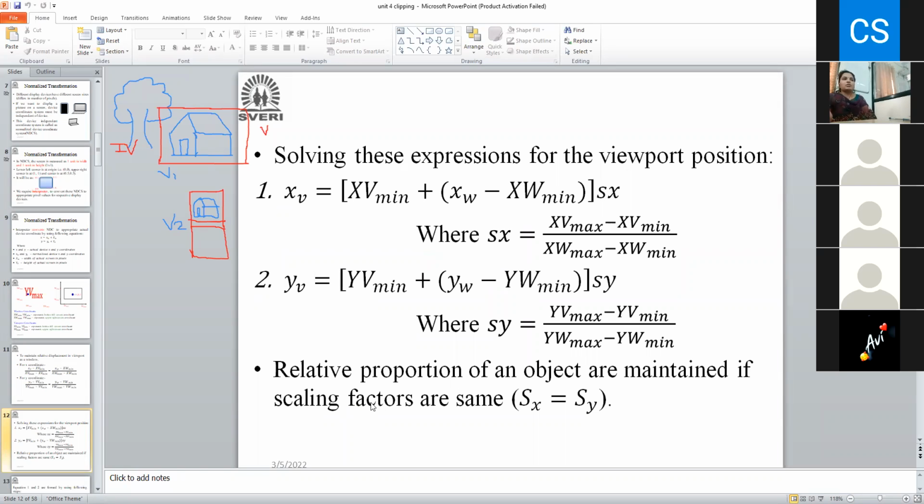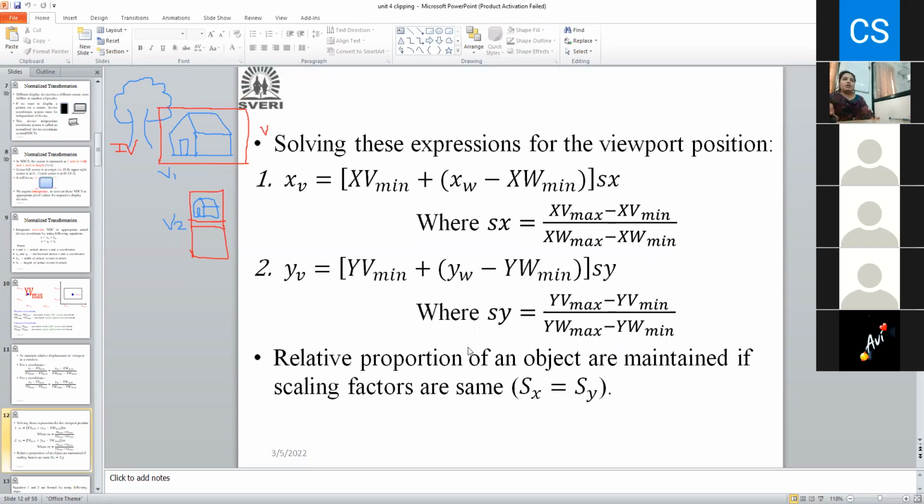So here also, if the scaling factors are the same, then the proportion of the object is maintained. If sx is more, then the x dimension will be stretched. And if sy is more, then the picture will look vertical. If both are the same, then the vertical and horizontal ratio is maintained.